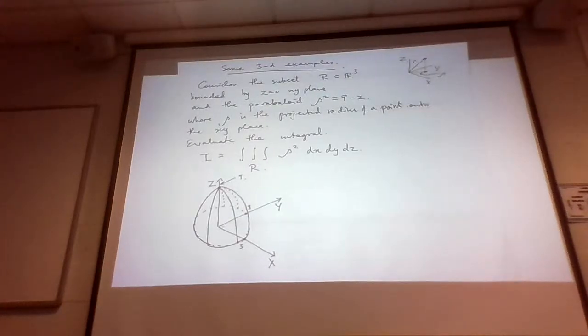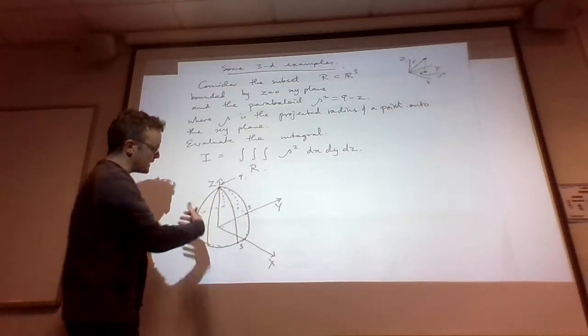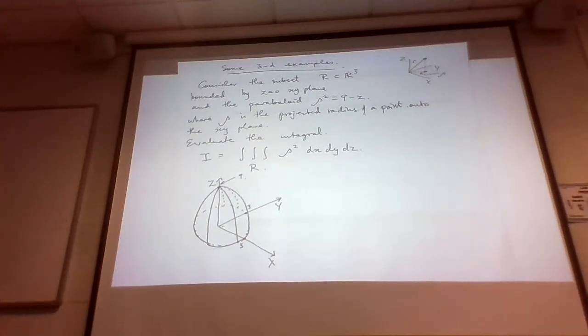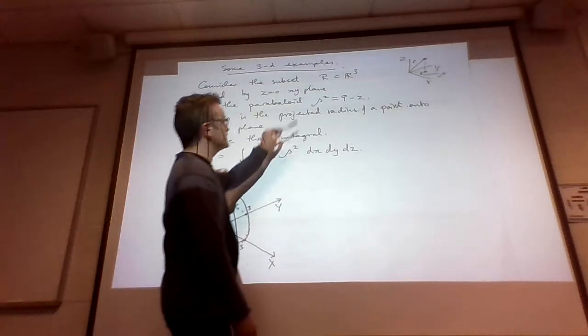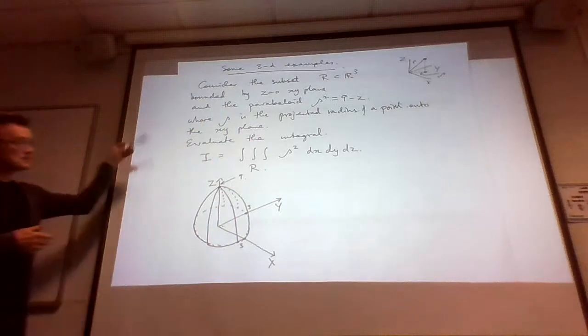Now, what coordinate system is good for describing this? Well, the portion of space is symmetric around the z-axis. So it's symmetrical around the z-axis. And we've already got this quantity rho, the projected radius, featuring in the description.